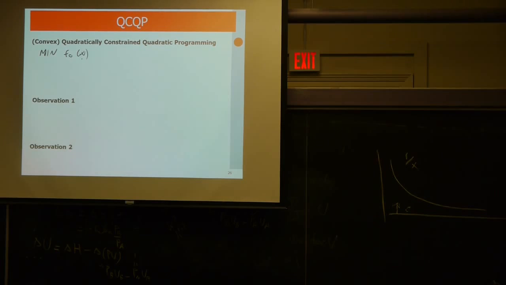So we want to minimize f0(x) subject to fi(x) non-negative. We have, say, L of these constraints, where f0(x) is a quadratic function. Let me just say all of them are quadratic functions.